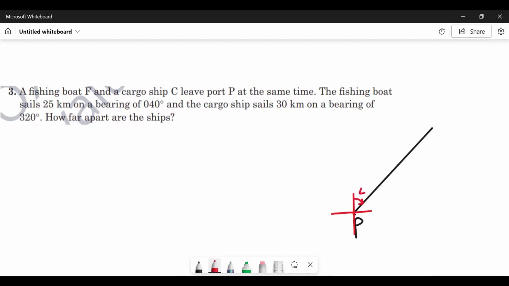So we can make a 40 degree angle. At the 40 degree angle, we will make a line, that is the line of the fishing boat, and it is also 25 kilometers away.